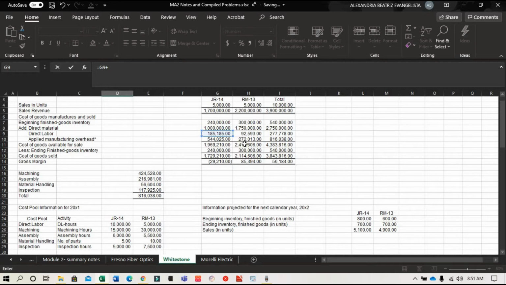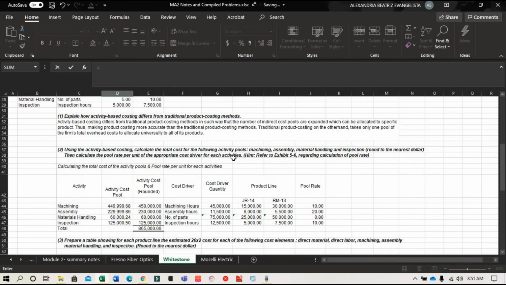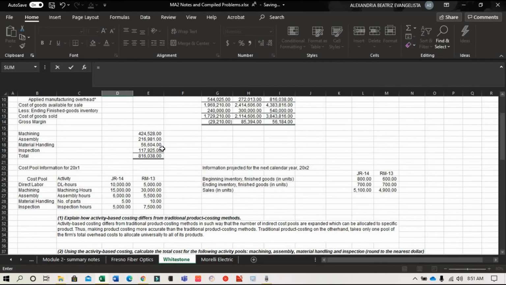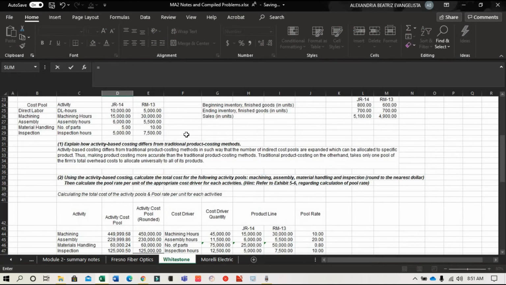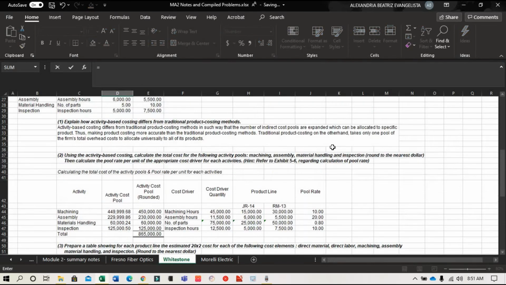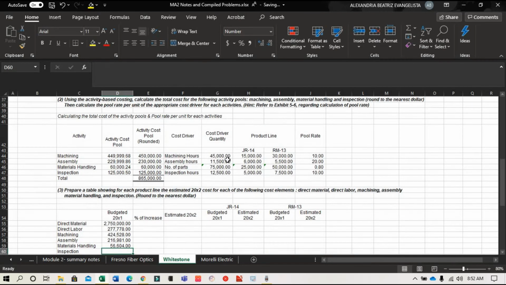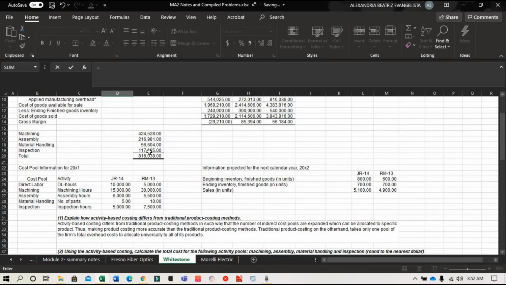And that would give us 277,778 for machining. That is a total of 424,528 for assembly. That is 216,981 for materials handling. That is 56,604, and for inspection, that is 117,925.